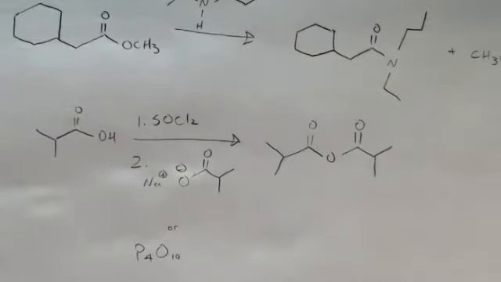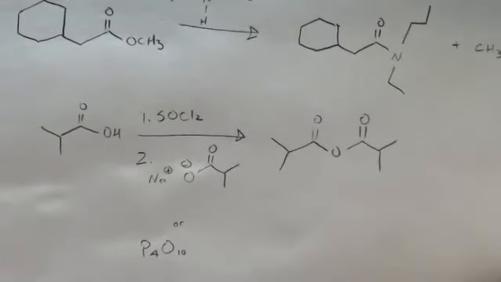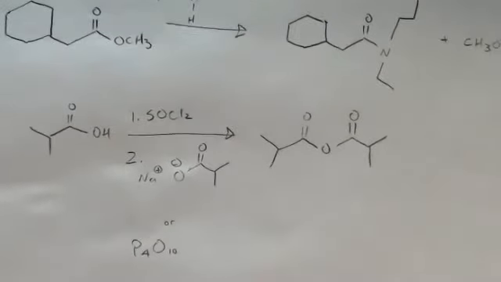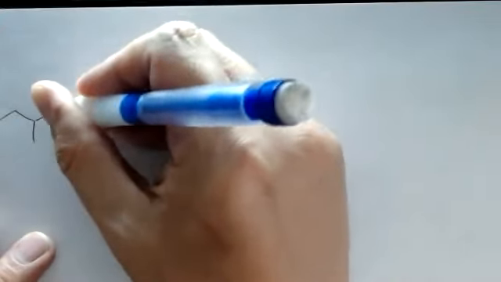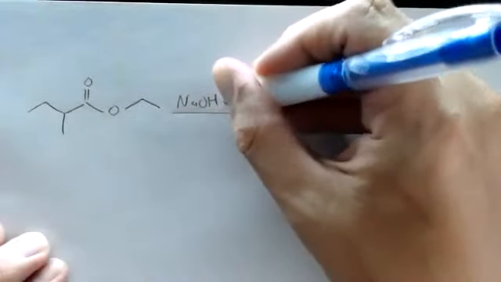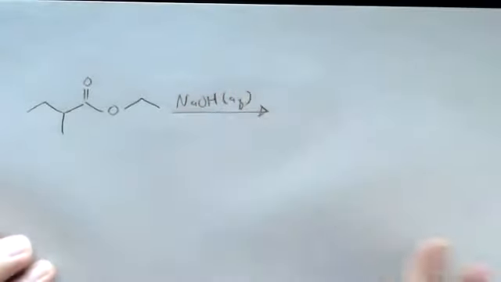All right, so we have these last two here. There are some ester reactions. Let's do the straightforward one first. This reaction had a name also that you might want to remember.